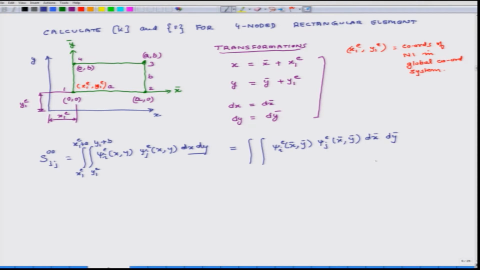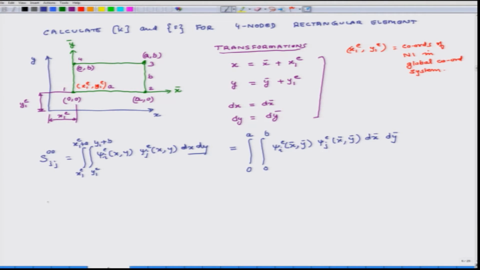Now, in the local coordinate system, these limits change. So, x1 becomes 0 and x1 plus a becomes a, y1 becomes 0 and y1 plus b becomes b.